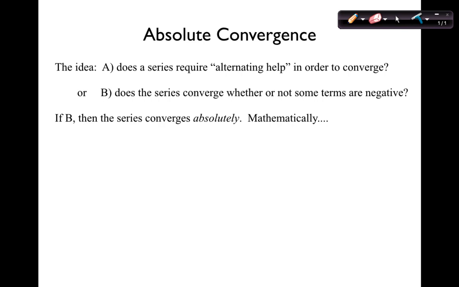So what would that be mathematically? If we had a series, what would we do to the series to test if it converges absolutely? Any ideas? Yeah. Maybe put an absolute value around it. Right, an absolute value around the sequence.